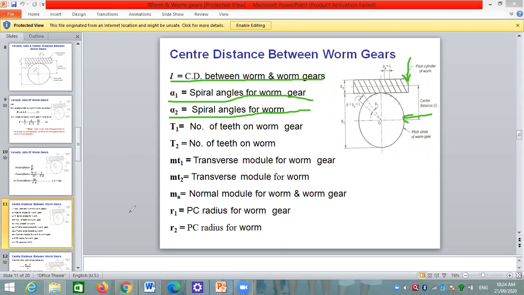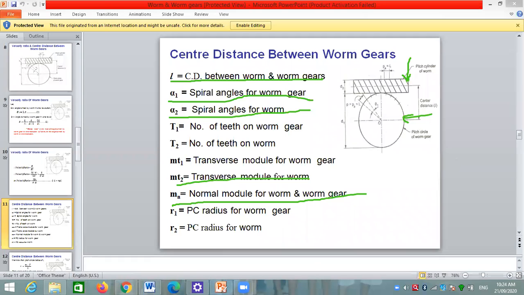MT2 is the transverse module for a worm, and MN is the normal module, which is common for both worm and worm gear, denoted by M suffix N.